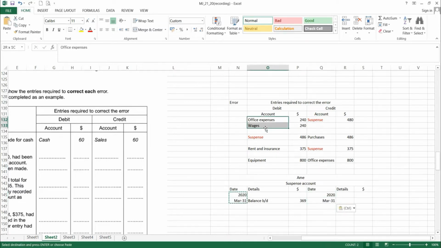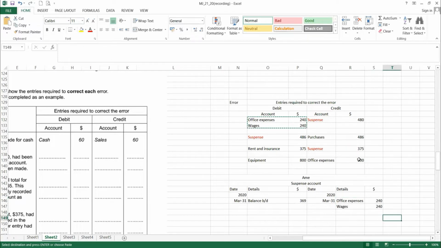These two amounts will be in the credits because double entry concept. So here credit, but the detail, we write the opposite account. Same thing here, suspend is in the debit. Maybe we have to record in the debit here. And the detail, we take this one, opposite account, 486.